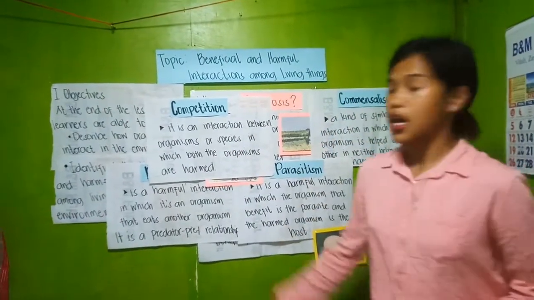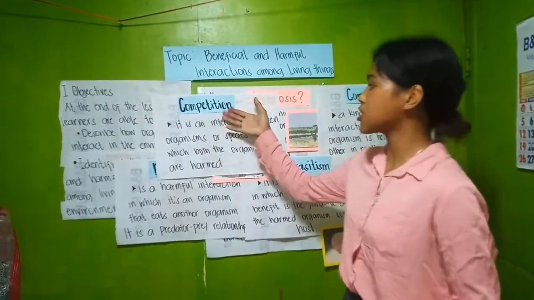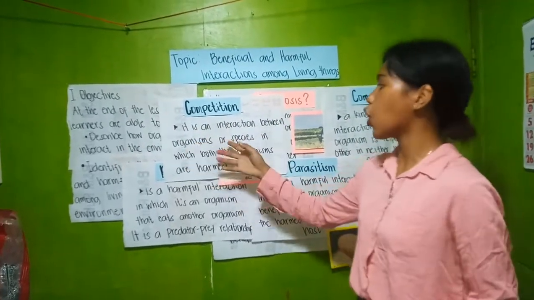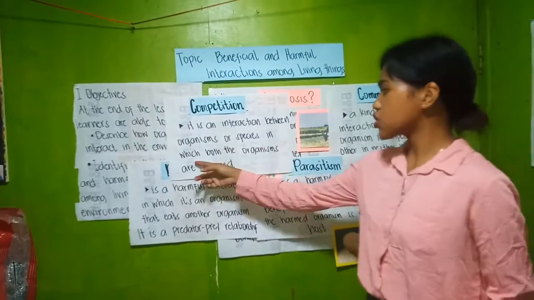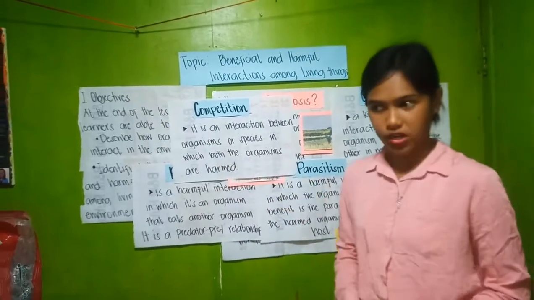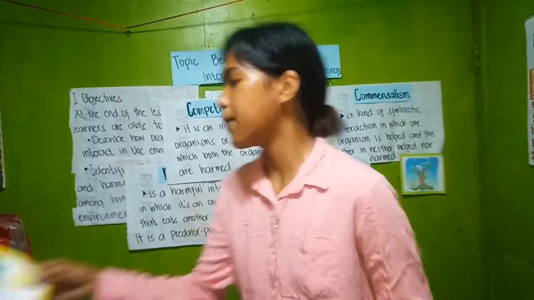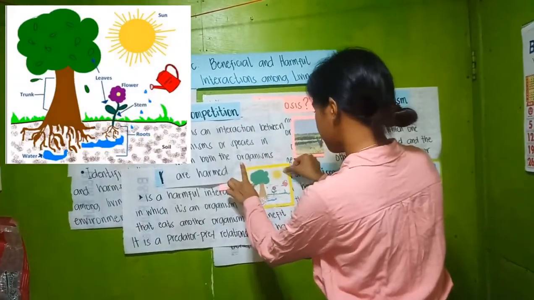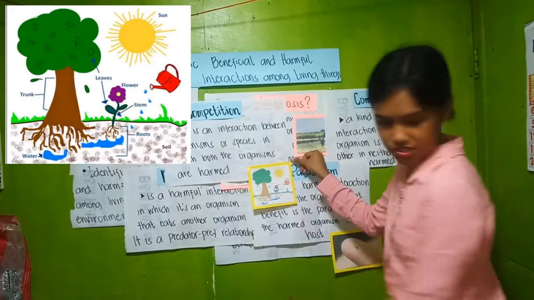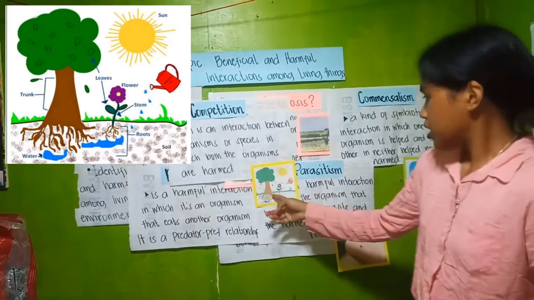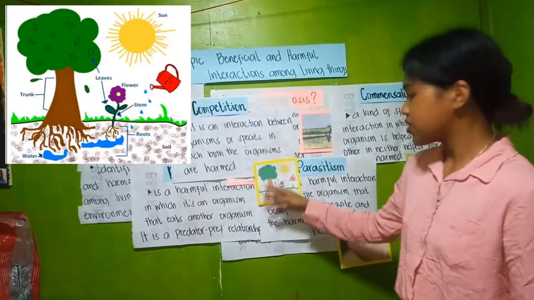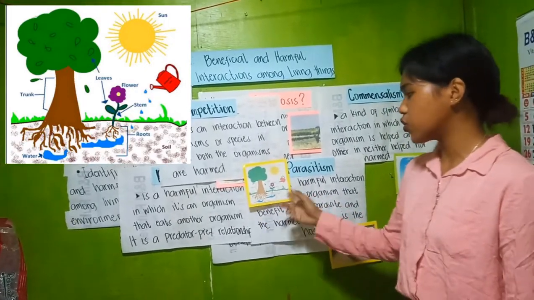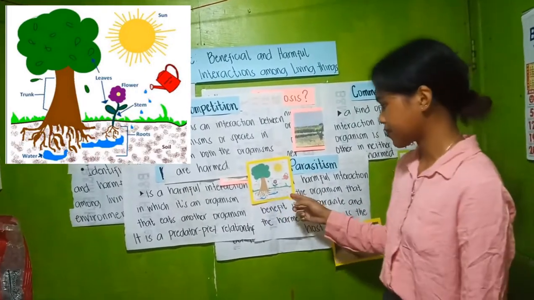Okay, allow me to read this for you. Competition is an interaction between organisms or species in which both the organisms are harmed. So, the example is here. Is it visible? Okay, this is a tree, a sun, a flower, water, roots, and soil.